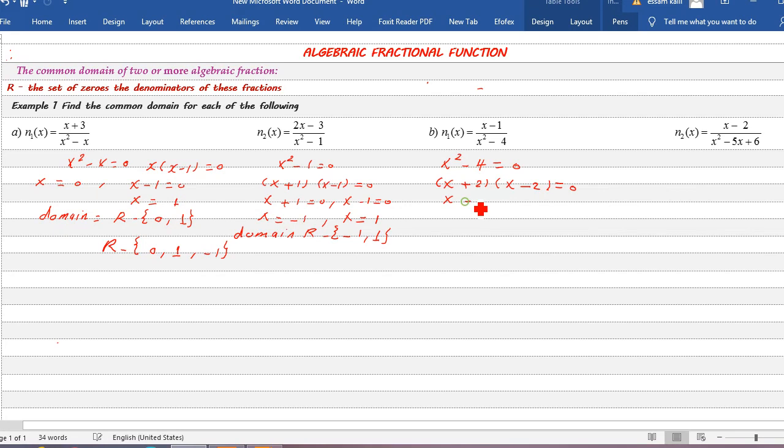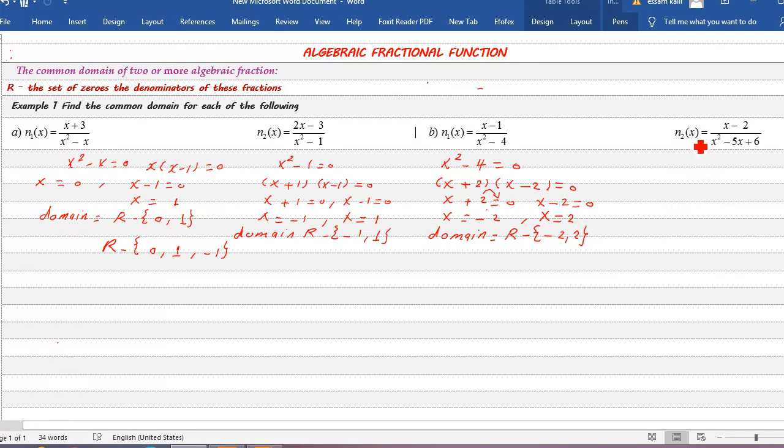Then x plus 2 equals 0 and x minus 2 equals 0. Move to the other side, so x equals -2, and move negative 2 to the other side, so it becomes 2. Then the domain equals R different -2 and 2.